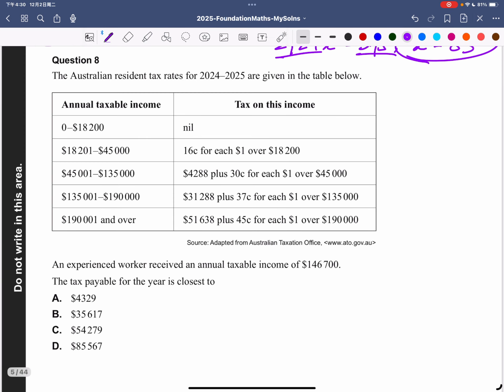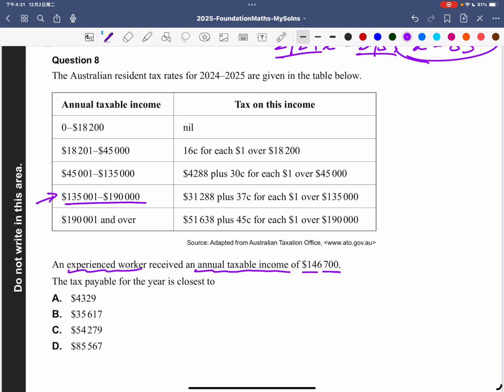Question 8. The Australian resident tax rates for 24-25 financial year are given in the table below. So, an experienced worker received an annual taxable income of $146,700. And this is in the category of here. It's larger than $135,000, but less than $190,000.